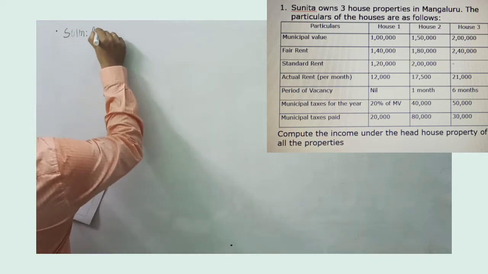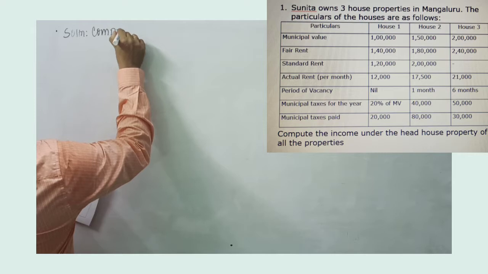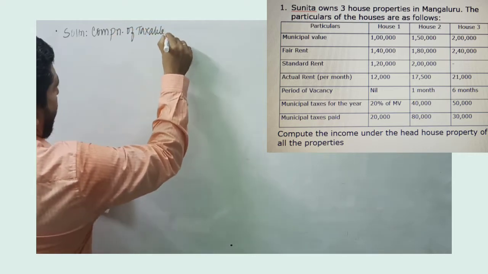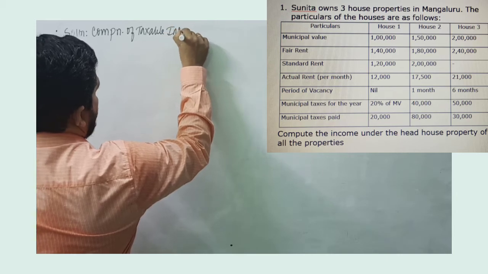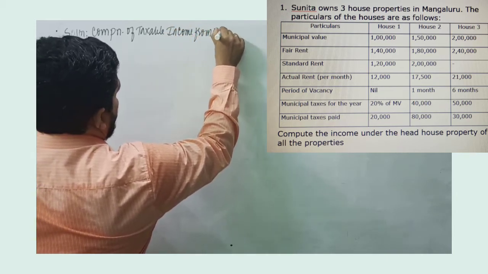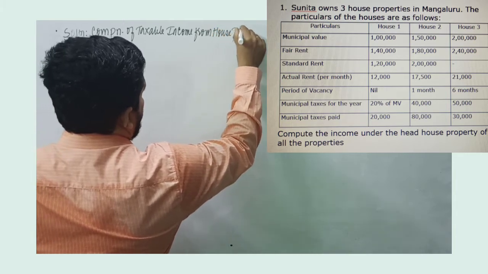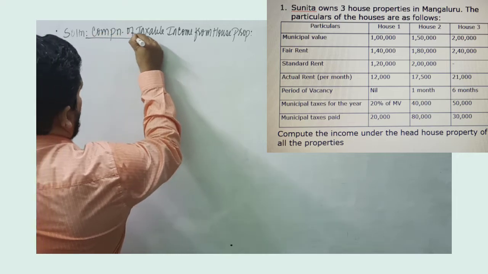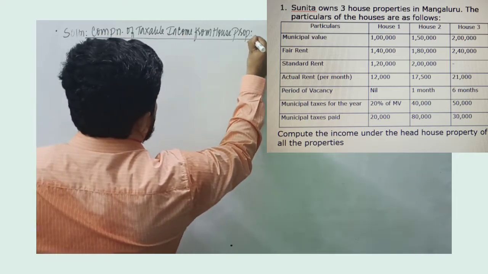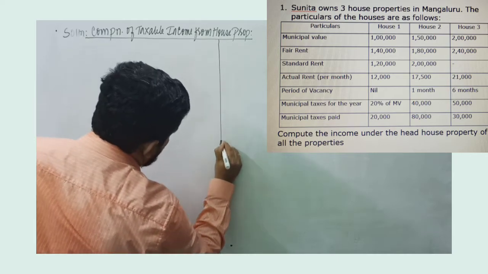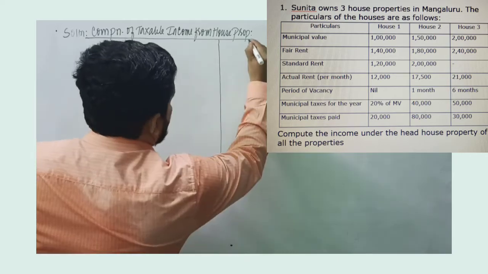I write computation of taxable income from house property. Computation of taxable income from house property. So what we will do is, we will prepare 3 amount columns, each column for a particular house.